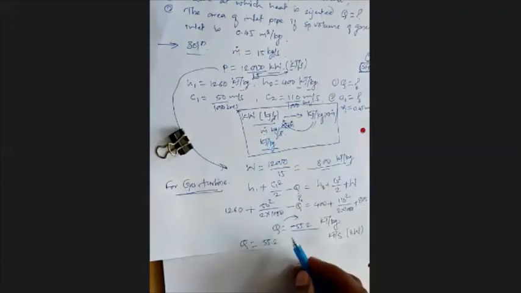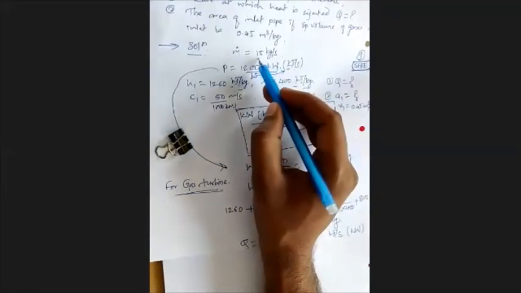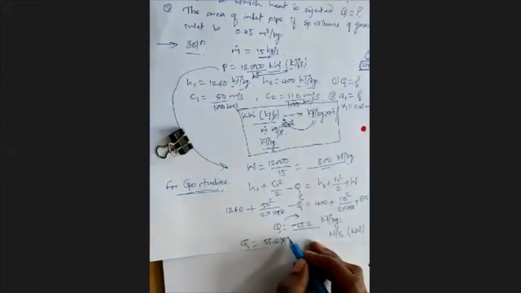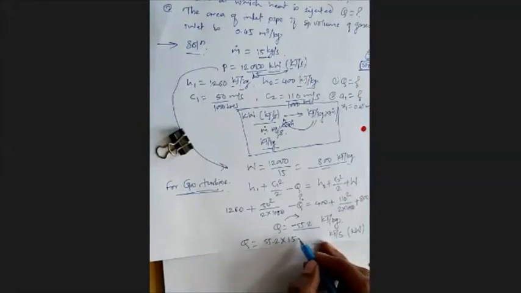So now we need to multiply it by mass flow rate, which is 15 kg per second. So multiply it by 15. The answer will be 828 kilojoules per second or kilowatt.